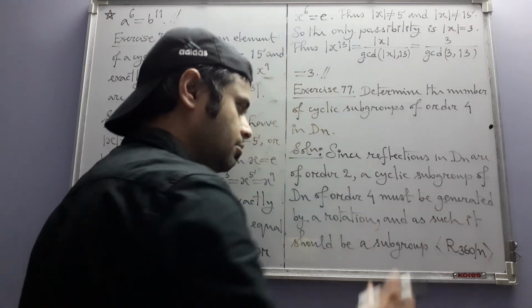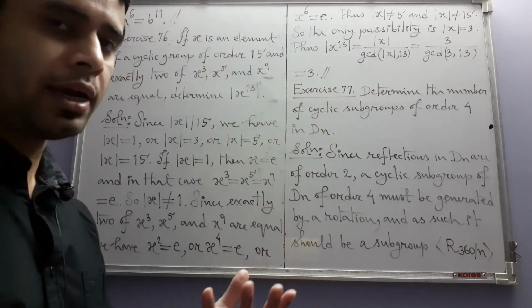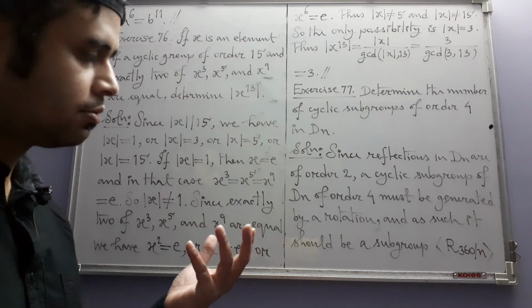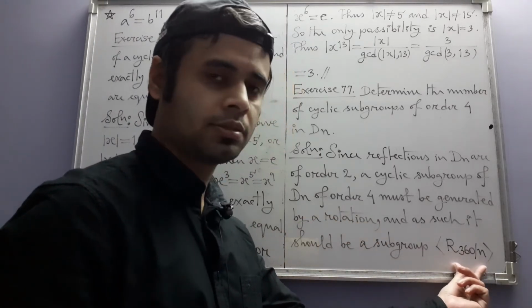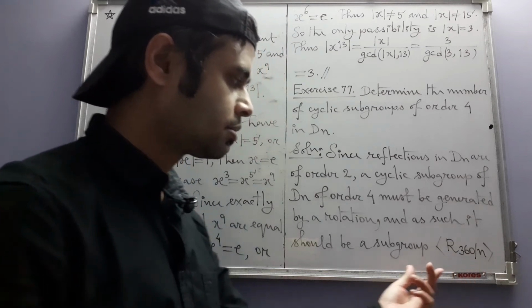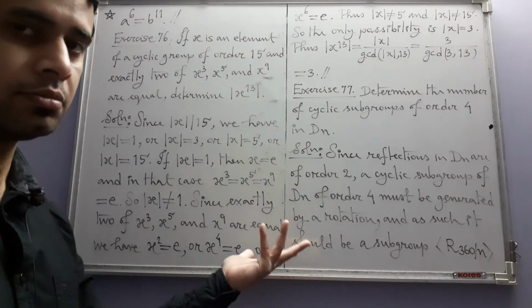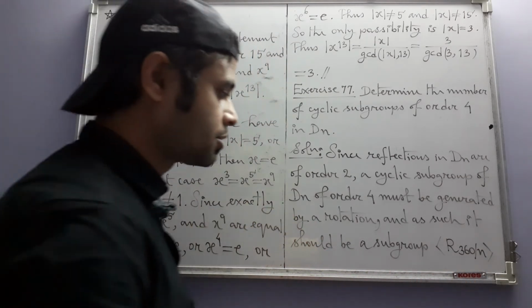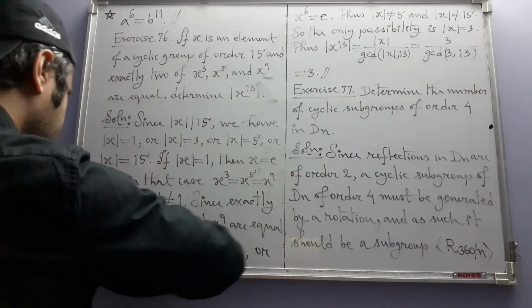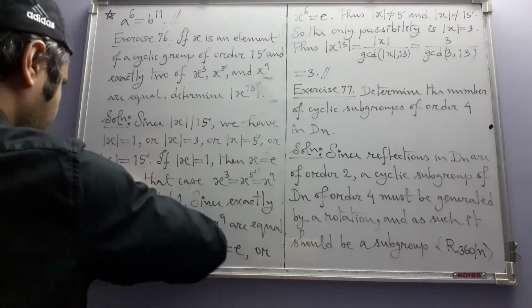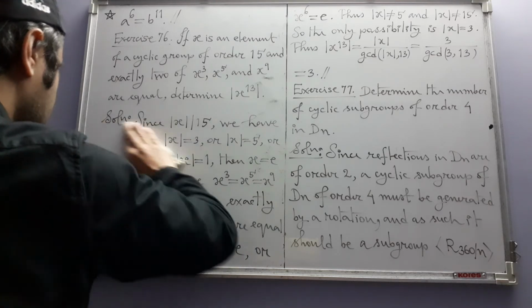Now, if we have a cyclic subgroup of order 4, then that is a subgroup of this, which itself is cyclic. So we can use the results about cyclic groups here. Although the entire group Dn is not cyclic, now our things have come down to cyclic groups.